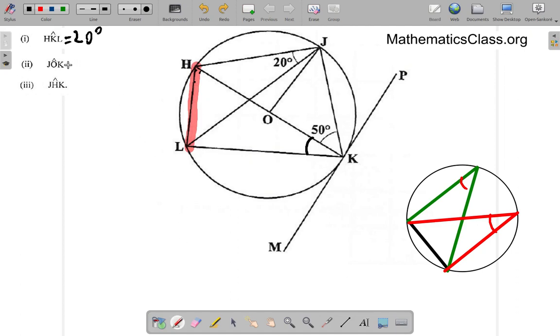The next angle is JOK, but what we'll look at first is JHK. See if we can find JHK first. Now, JHK is this angle.